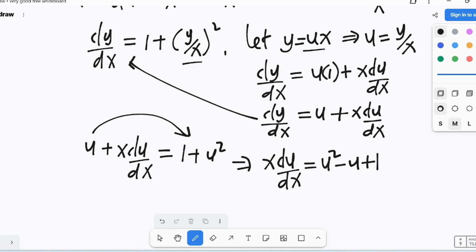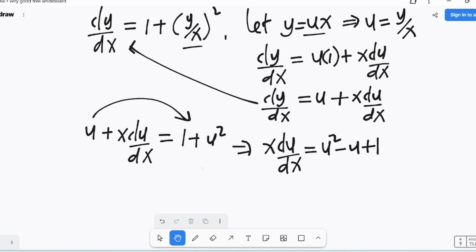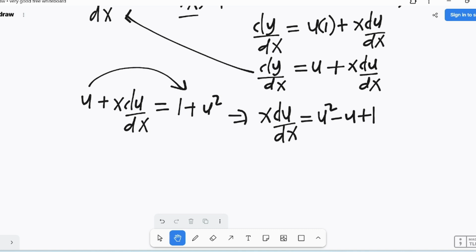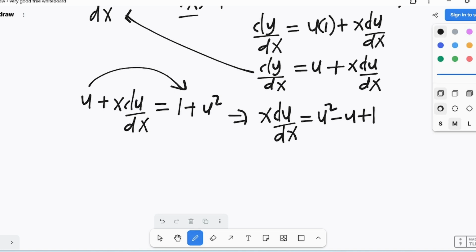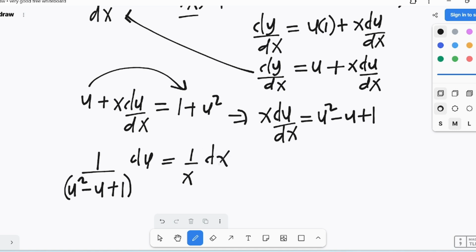Now, we can separate variables here. On separating variables, we have 1 out of u squared minus u plus 1 du is equal to 1 out of x dx.